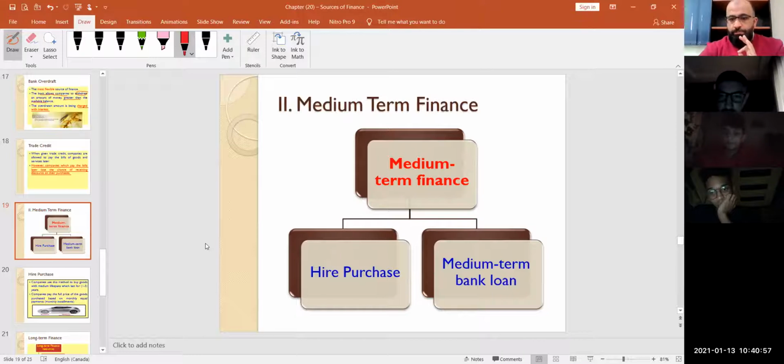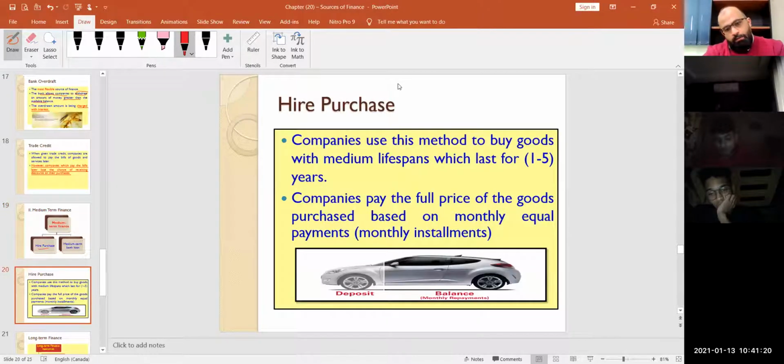So for a medium-term bank loan, if we take a loan from the bank we have to pay it within 7 years. And hire purchase, it means that we are paying the price of the car in equal monthly payments, the hire purchase installments. Let's see together. Let's have a look at the picture of the car here.